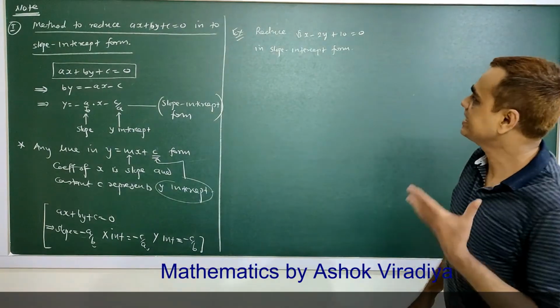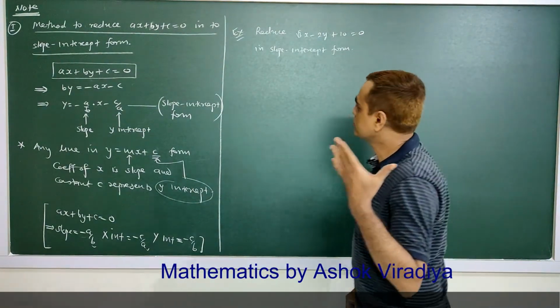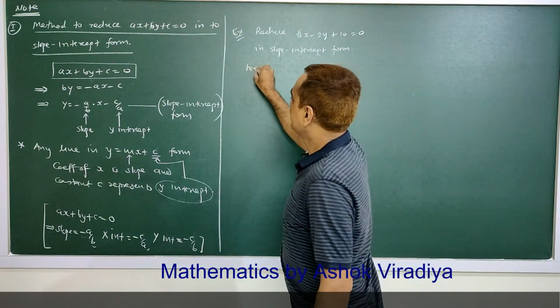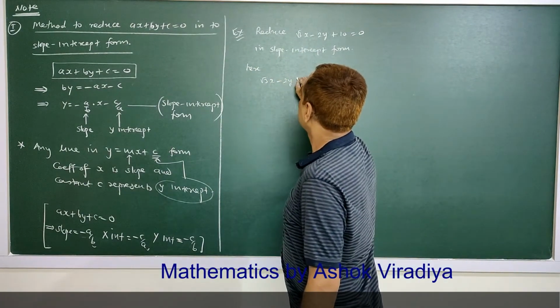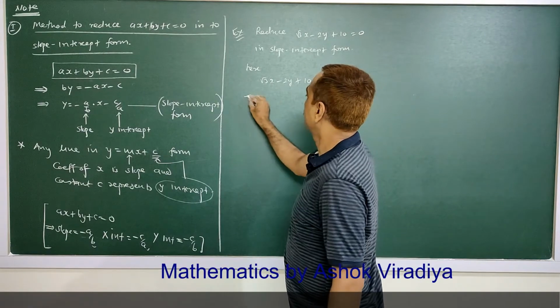To convert any equation of a line into slope intercept form, we start from the given equation root 3x minus 2y plus 10 equal to 0.